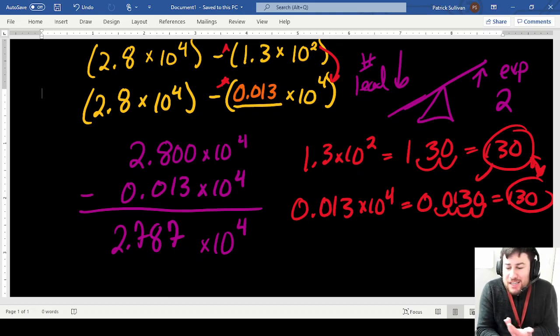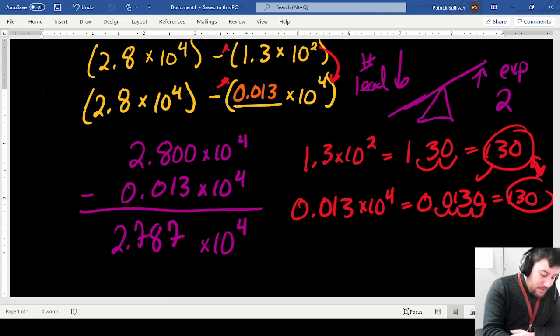So again, we're not changing the value of the number, we're just re-expressing it so that way we can apply our rule of adding and subtracting in scientific notation, which is when the exponents match, that's when you can evaluate your lead numbers, these values right here, and then you keep the times 10 to the whatever power it is.